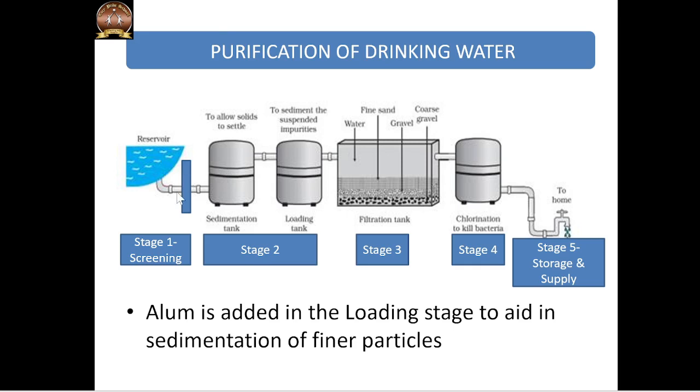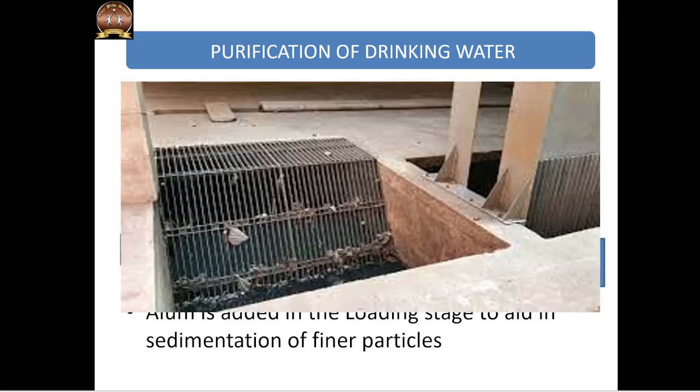They have to first of all go through a screening process. The screening process is a process in which large particles of dirt are removed from the water, like leaves or maybe plastic or any sort of floating waste, using a mesh or a gate. Like this, it is removed. So this process is called the screening process.